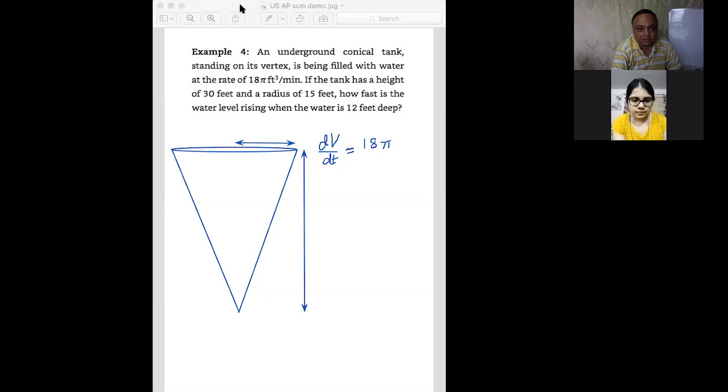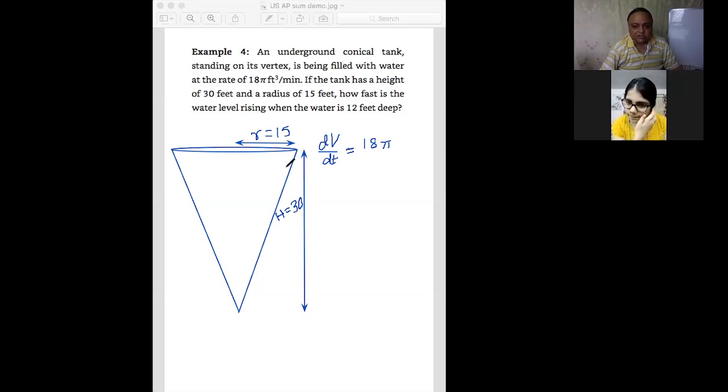Say this we write as h equal to 30, this height, and the radius is 15. This they have given.